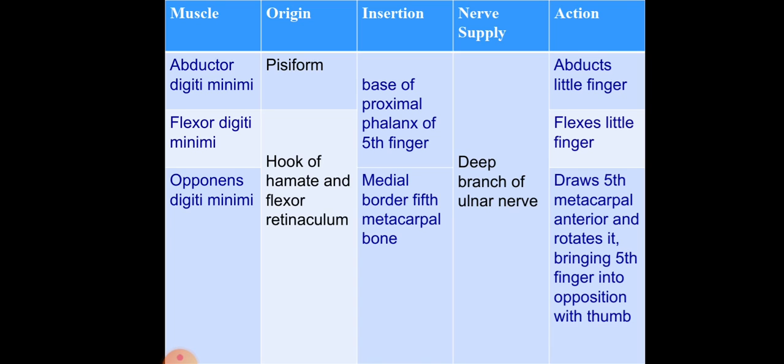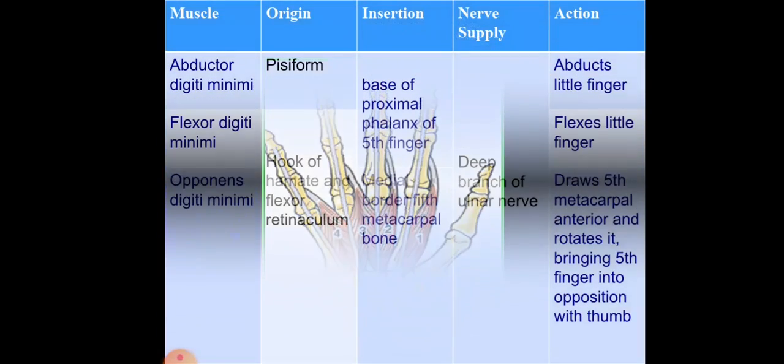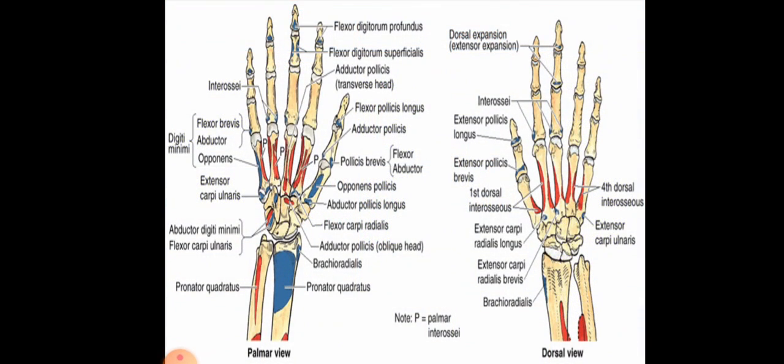The flexor digiti minimi and abductor digiti minimi are inserted here in the base of the proximal phalanx, while opponens is inserted in the shaft of the fifth metacarpal bone. The nerve supply: all these muscles are supplied by the branch of the ulnar nerve.